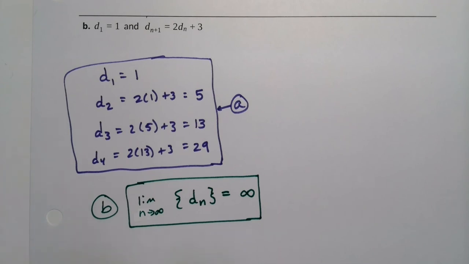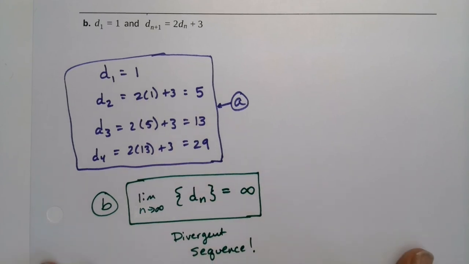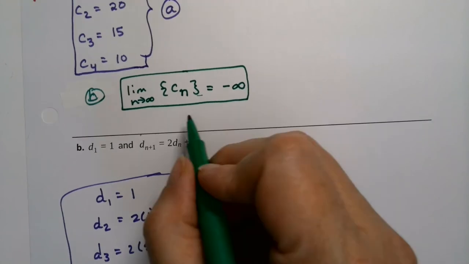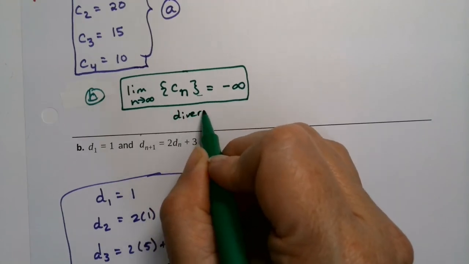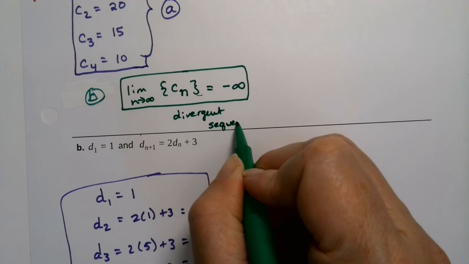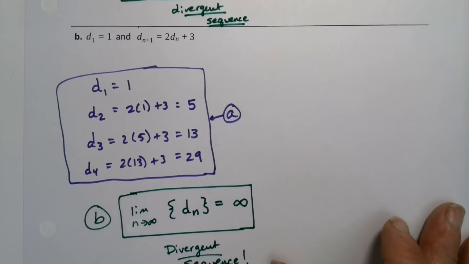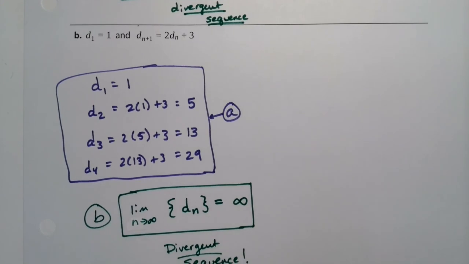We'll talk about that more a little bit later. But because these are both heading towards infinity, we think this is a divergent sequence. Same with this one. If it heads either to infinity or negative infinity, that is a divergent sequence. We'll get those definitions in a couple pages, but I think it's pretty obvious at that point. If you're heading to infinity, you're going nowhere good.